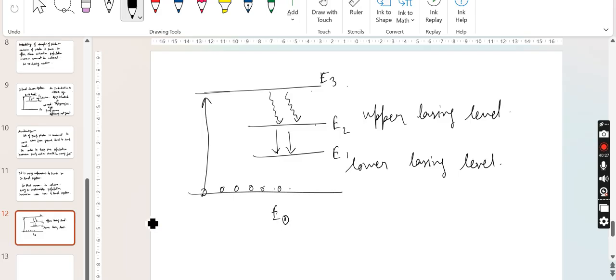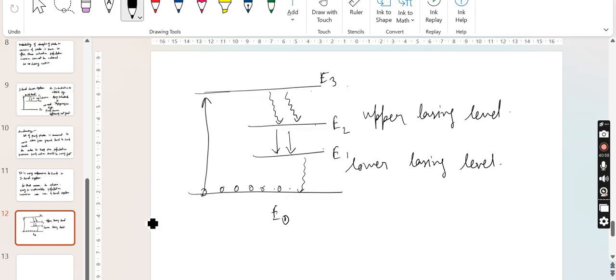So the lasing action happens to E1, and after some time, E1's atoms also come down to E0. So again population inversion is achieved because E1 becomes empty.